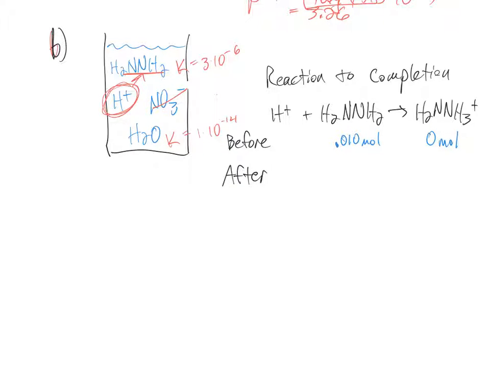This setup, a reaction to completion with this equation, with 0.01 moles of the weak base and 0 moles of H2NNH3, the conjugate acid, will be the same for parts B, C, D, E, and F of this problem. So it's going to be all the same for this setup.